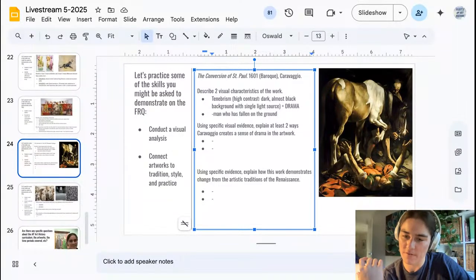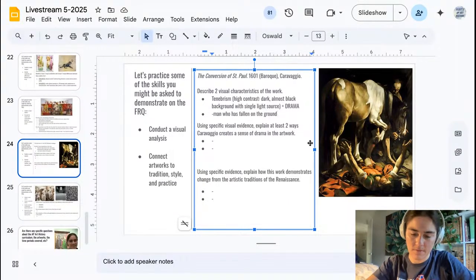He fell off the horse. Yes. Yeah, and where is the light hitting?